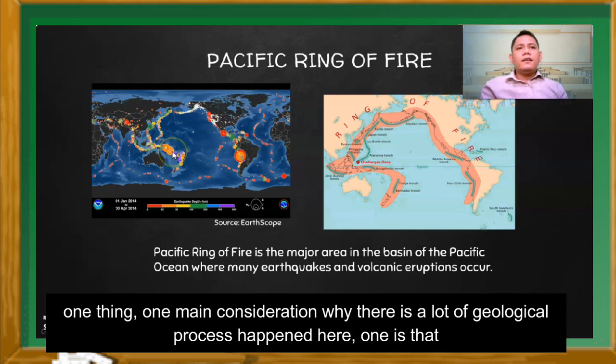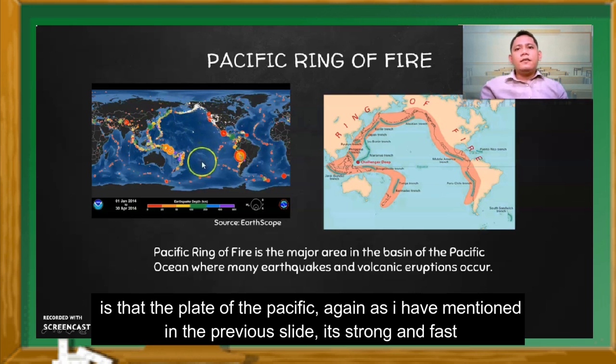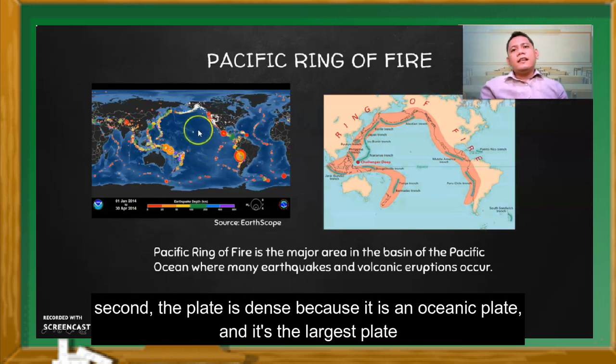So one main consideration why there's a lot of geological processes happening here is that the plate of the Pacific, as I have mentioned in the previous slides, is strong and fast. Second, the plate is dense because it's an oceanic plate, and it's the largest plate.